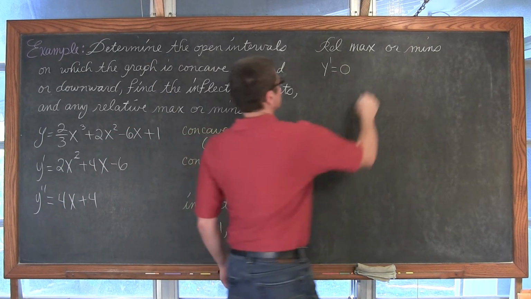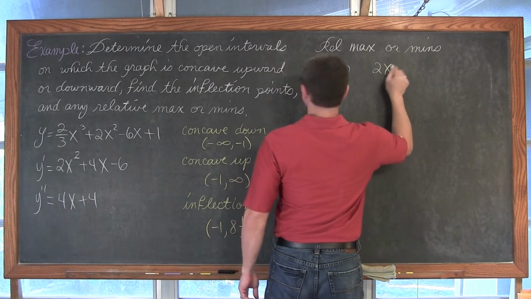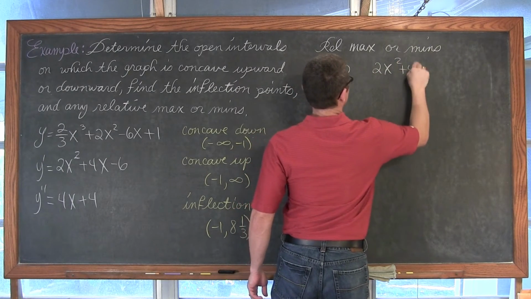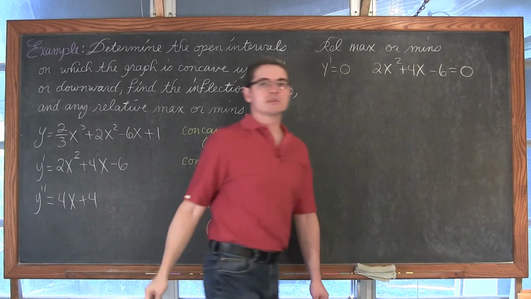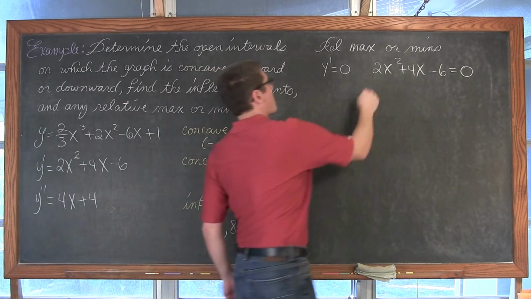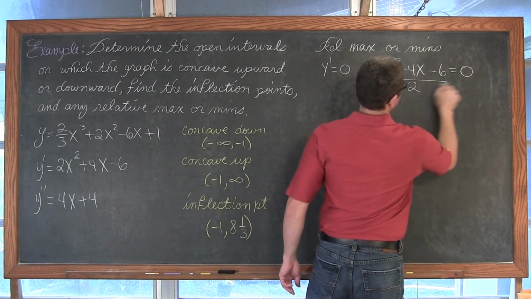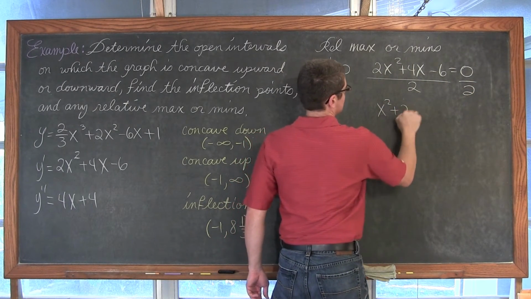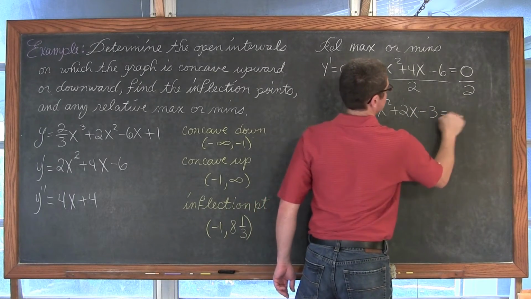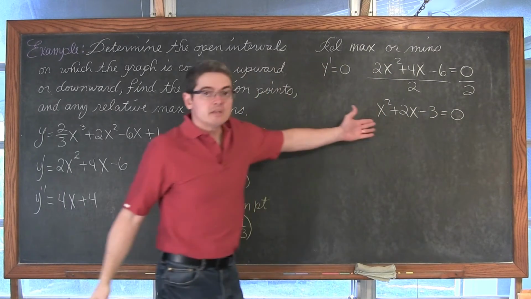So we got 2x squared plus 4x minus 6 is equal to 0. We're going to factor out a 2, or actually we could just divide both sides by 2 and get x squared plus 2x minus 3 is equal to 0. That is a quadratic.